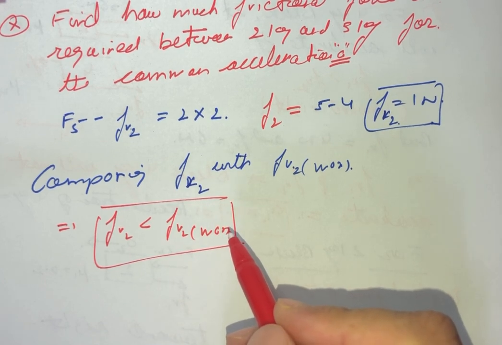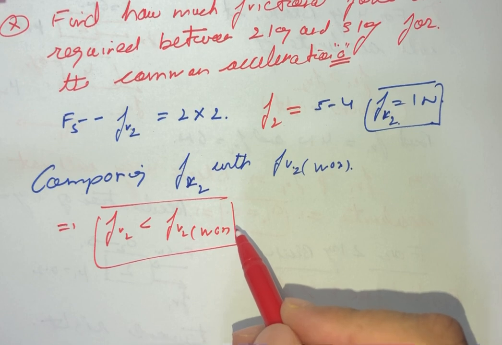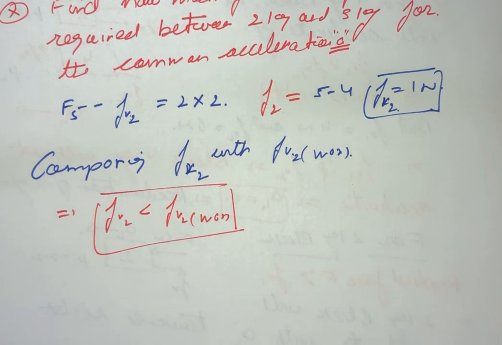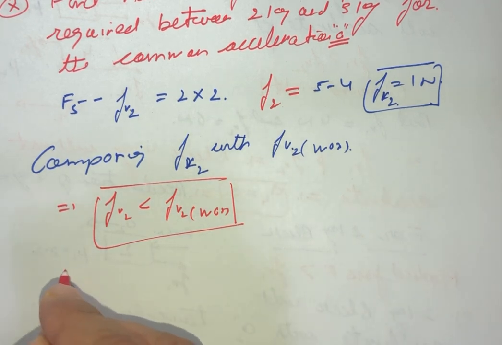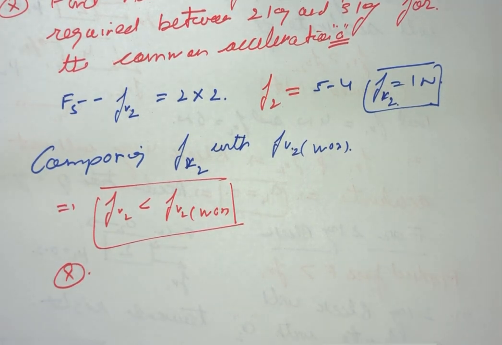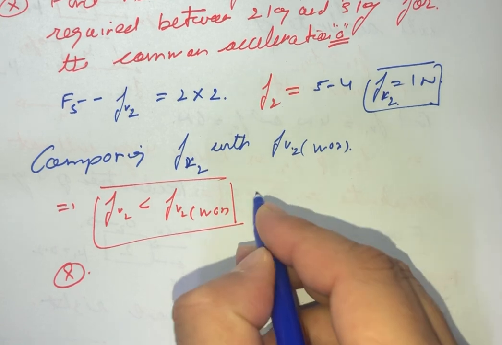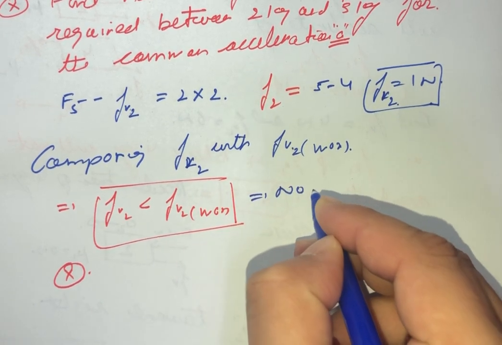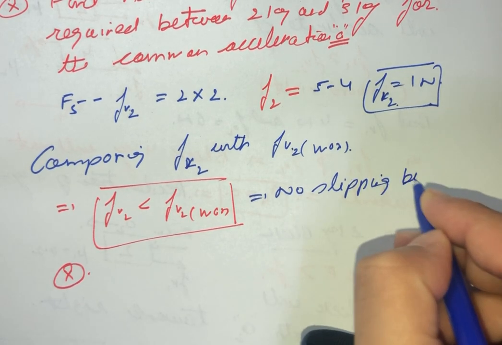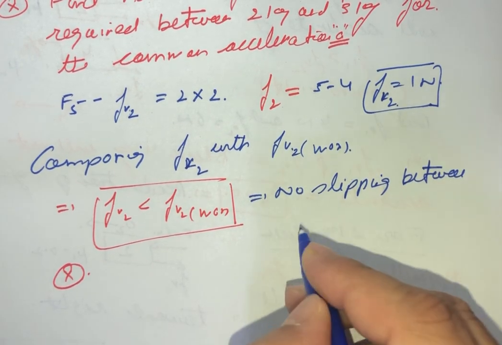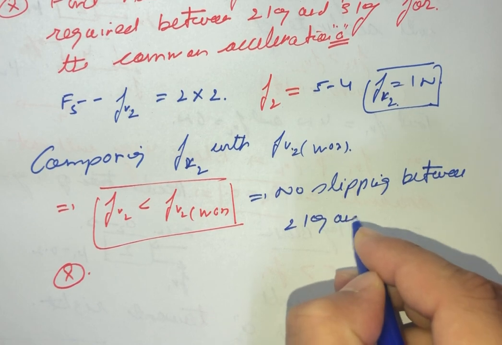Next, now we can make a conclusion that first, both the blocks will move with the same acceleration. Okay. This basically means no slipping between 2 kg and 3 kg.